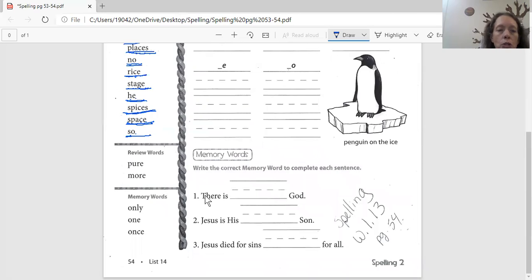There's my review words. I have pure, P-U-R-E, pure. Next word is more, M-O-R-E, more. Then we have my memory words. Those are ones you should have in your head that we use a lot but are hard to sound out.